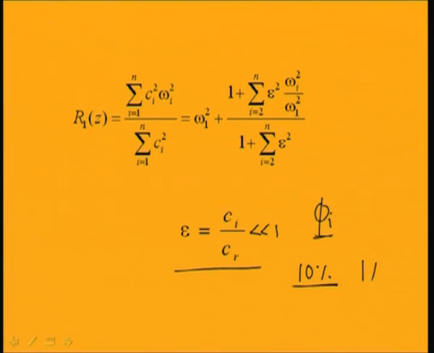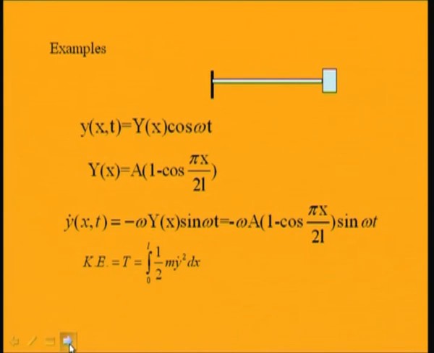So it will be a 1% error in the eigenvalue. So using this we can solve many problems, or we can find the eigenvalues, or we can find the natural frequency of different systems.